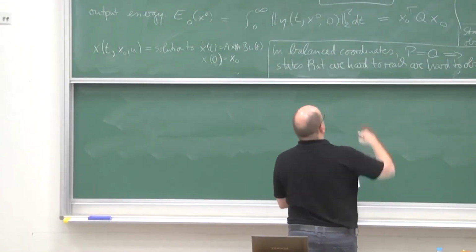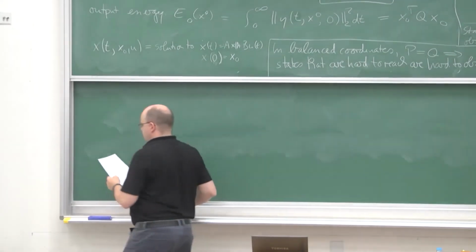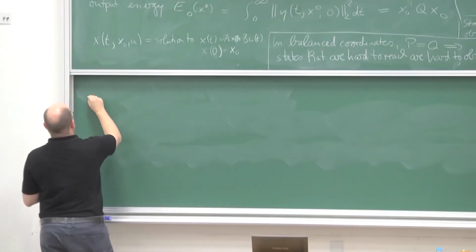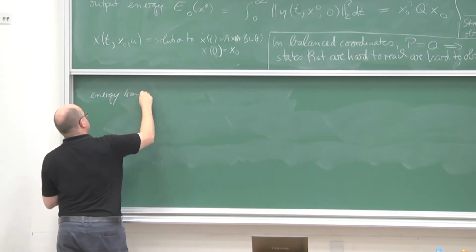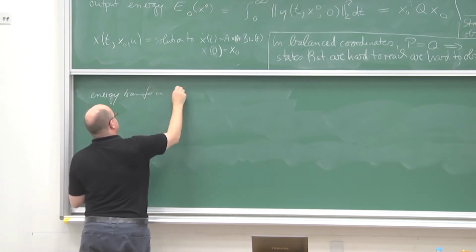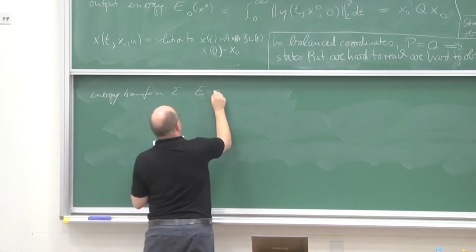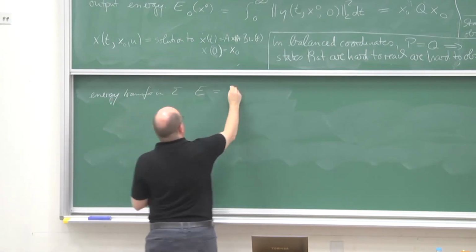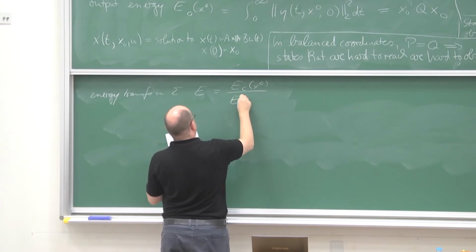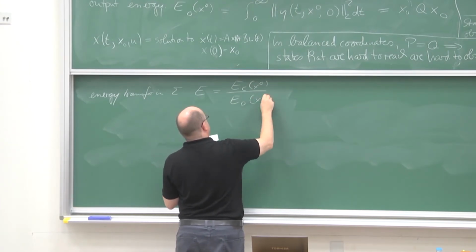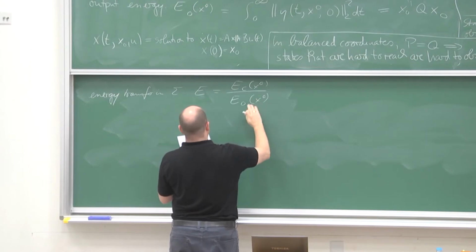Maybe as a last thing to put that into a formula, the energy transfer in sigma is E equal to E_C of x0 divided by E_O of x0, or vice versa.